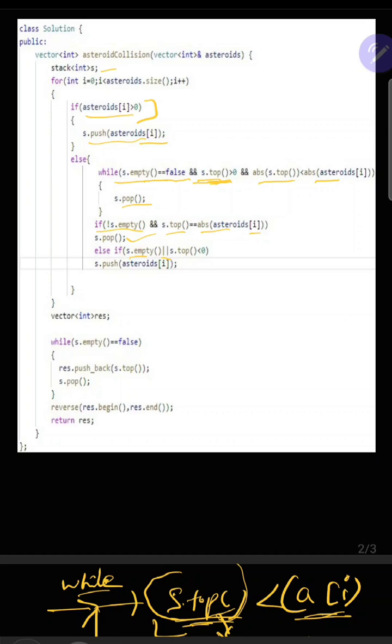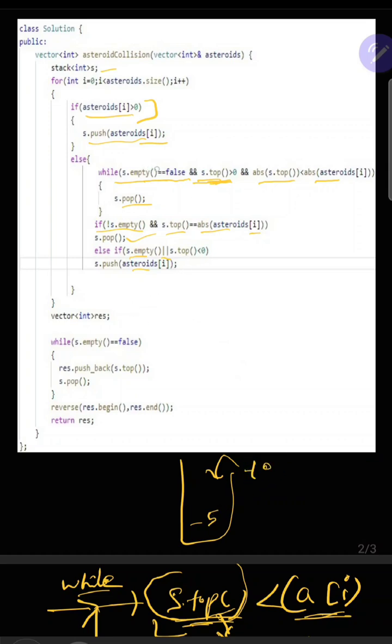Or if the asteroid top is less than 0, meaning the existing asteroid in our stack is negative, like -1, then the existing one is also negative, so we will push the upcoming negative magnitude asteroid.